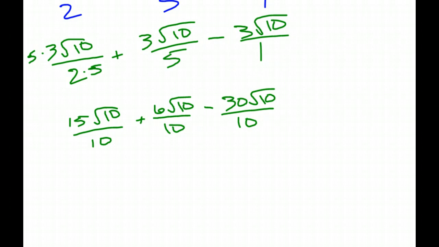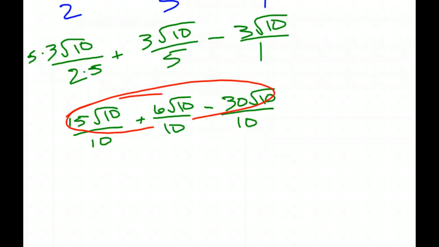Okay, now when I combine terms, what has to be true in order for me to combine those 3 terms up there, Riley? Common denominator. Common denominator and common number inside the radical. Yes, the number in the radical sign has to be the same as well. So, when I combine all of these, what do I get? Negative 9 square root of 10 over 10.